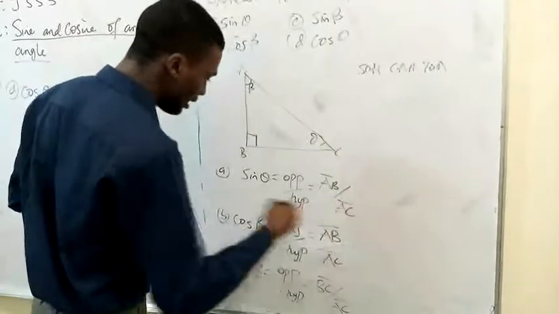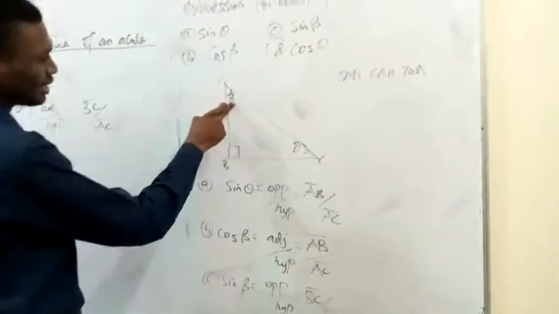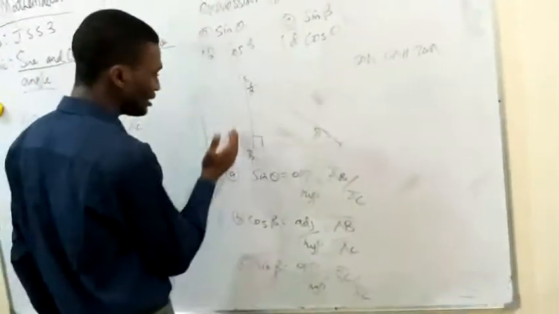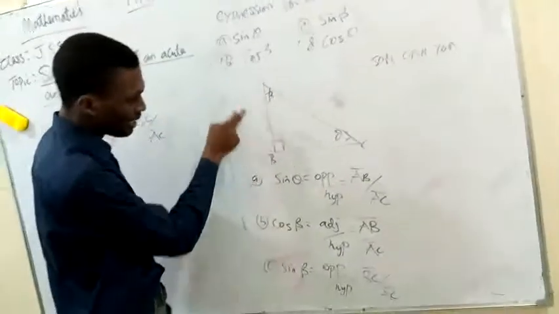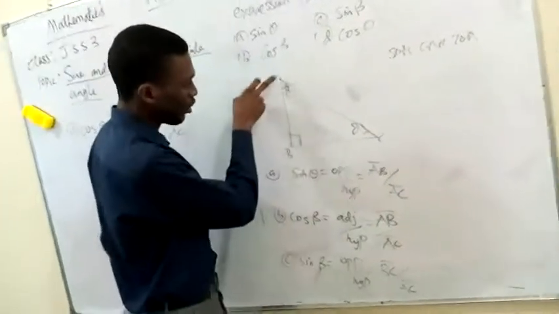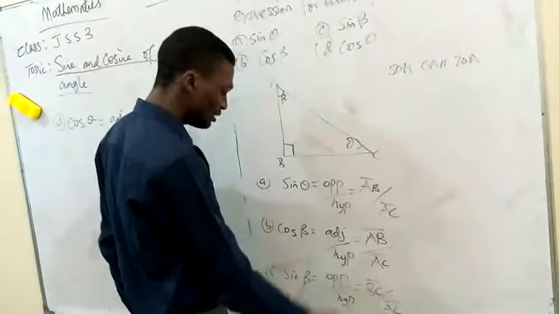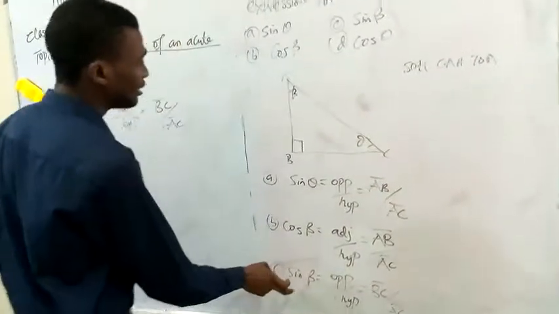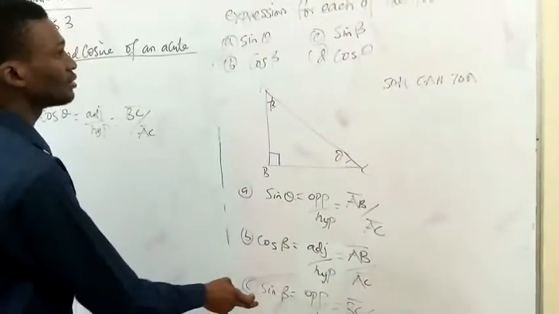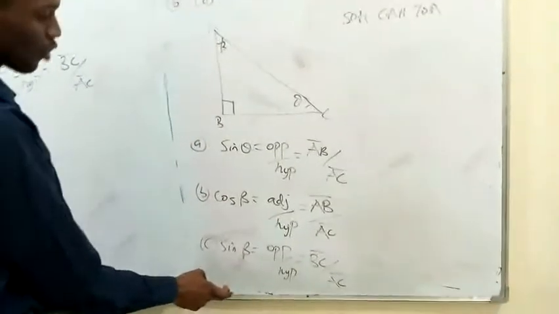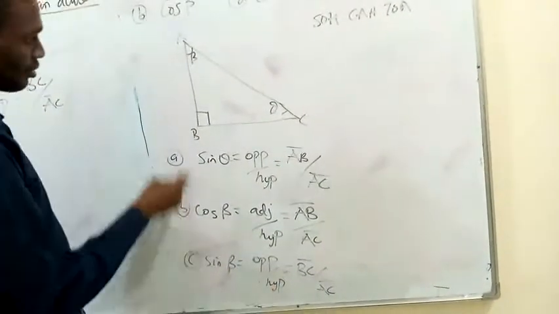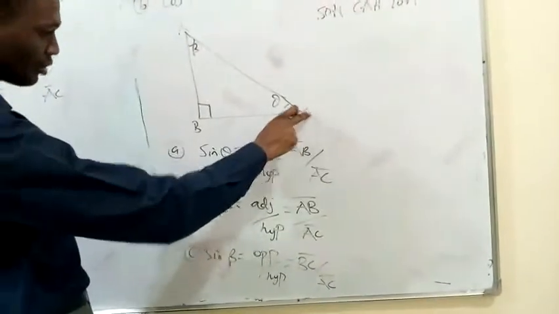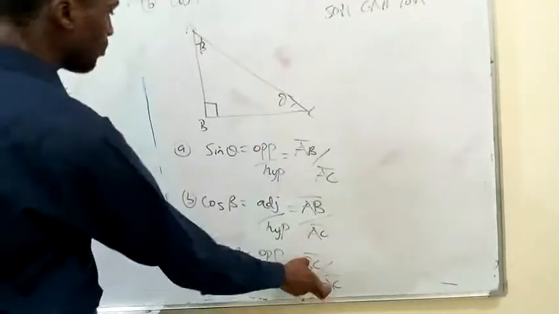Our cos beta is adjacent. We have beta here. This is the opposite for beta, and this is the adjacent. The adjacent is line AB, and all over hypotenuse is line AC. Then we have our sine. For C, we have sin beta, which is opposite all over hypotenuse. That's line BC opposite all over AC hypotenuse.